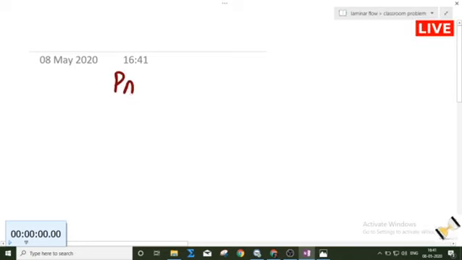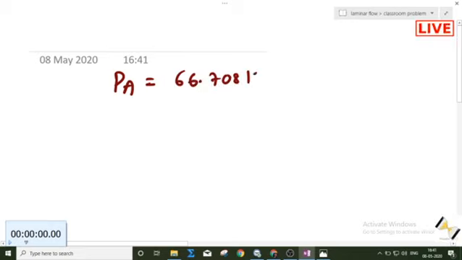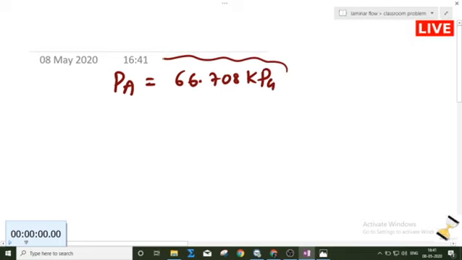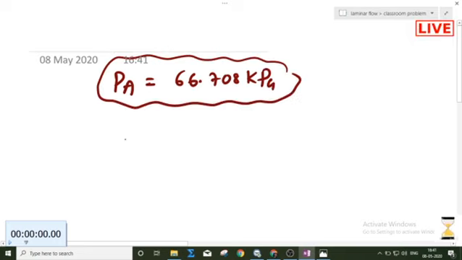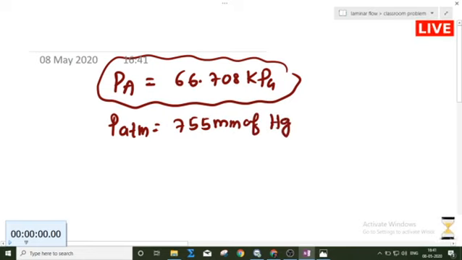The pressure at point A I found is 66.708 kilopascal. Now, what is the atmospheric pressure given to you? The local atmospheric pressure measured by barometer is given as 755 mm of mercury.